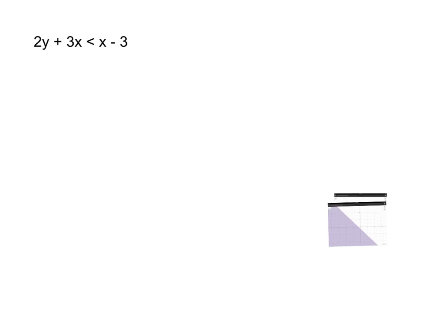Here's another one that we'll look at. What do I have to do with this to be able to graph it? Put it in slope-intercept form. Isolate the y. So I'll subtract 3x from both sides, and I get 2y is less than negative 2x minus 3.